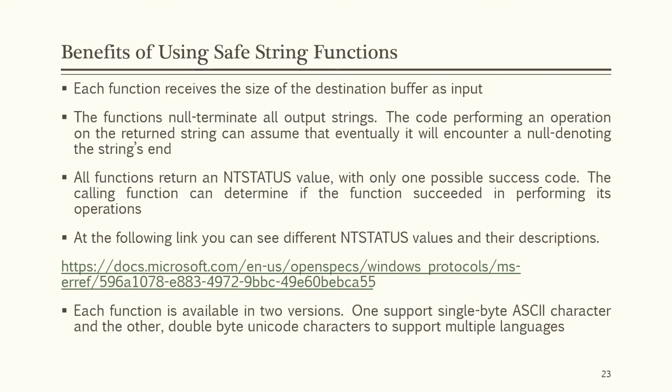All functions return an HRESULT status value with only one possible success code. The calling function can determine if the function succeeded in performing its operations. Status values are the return values or codes that have mappings of the code to a human readable text message. These codes are available for both success and failure messages.